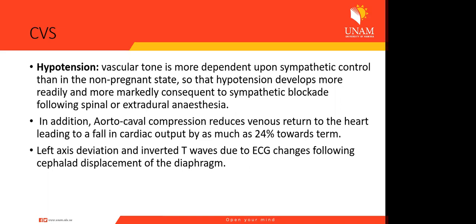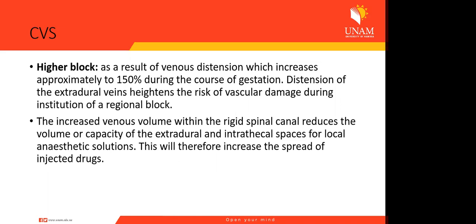Left axis deviation and inverted T-waves due to ECG changes may follow cephalad displacement of the diaphragm by the growing uterus. Obviously, I mentioned this before. There's an increased risk of having a higher block with epidural or spinal. This is due to venous distension and engorgement, which increases to approximately 150% during the course of gestation.